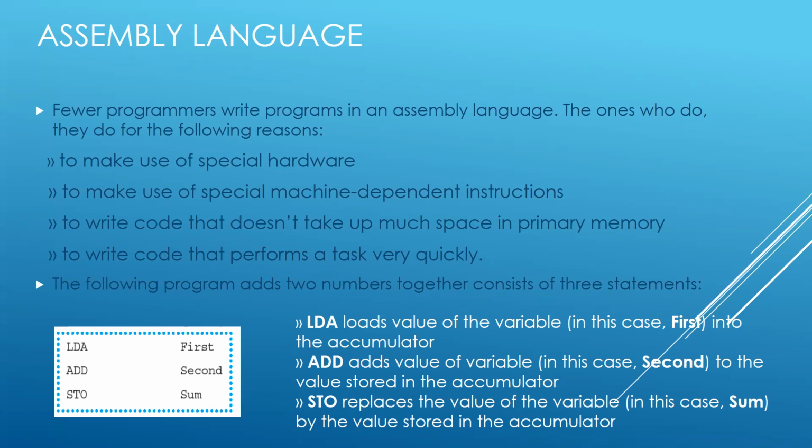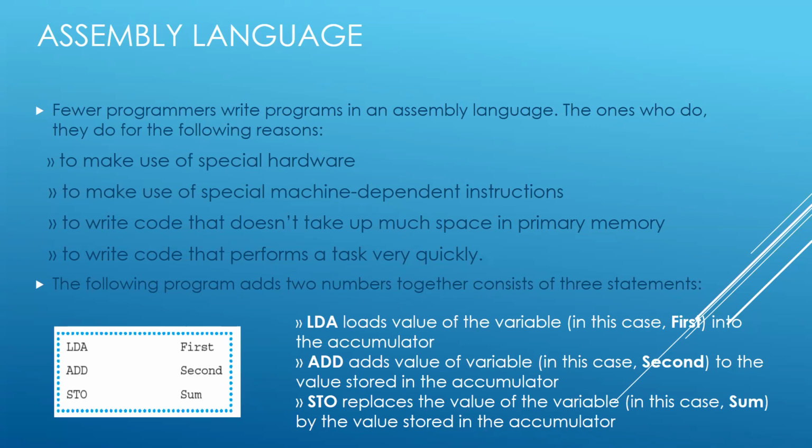Now, another instruction that we can see is ADD. Although it is in assembly, it is still similar to what you normally come across. ADD means add. What is it doing? It adds the value of the variable, in this case second, to the value stored in the accumulator. Assume first was holding 5 and second was holding 3.